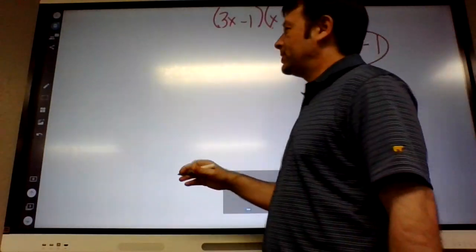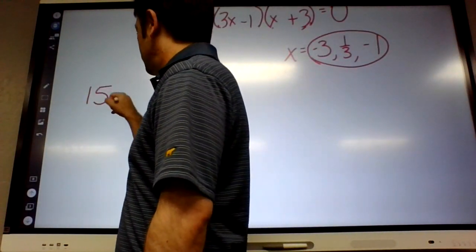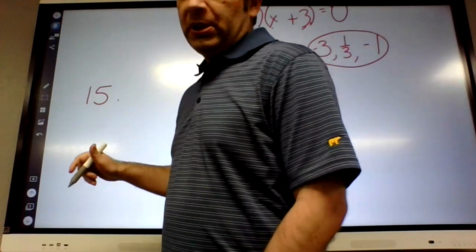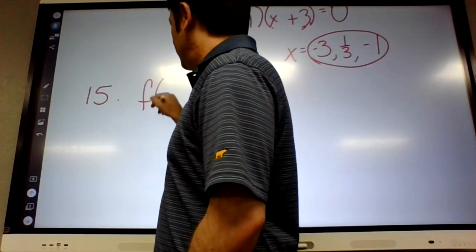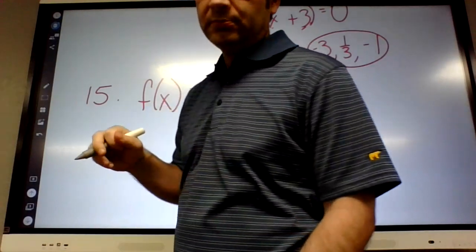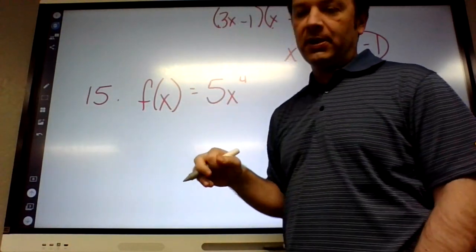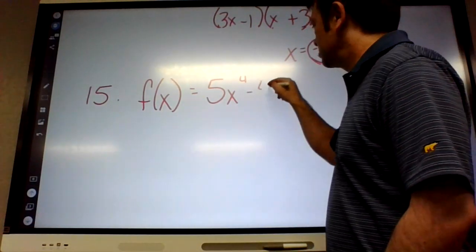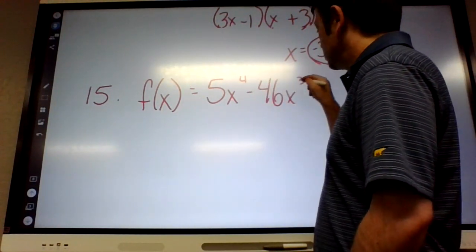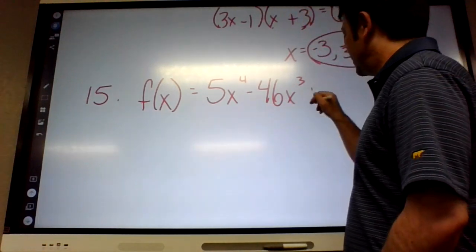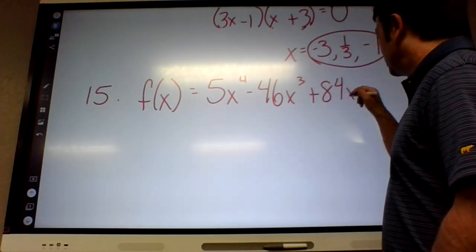Okay, we're saving the best for last, and by best I mean the worst. So, what's different about 15? It's a fourth power. Fancy word for that is a quartic function. And this is going to make it more difficult.